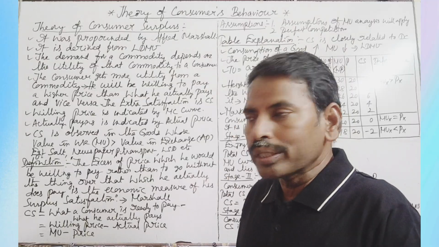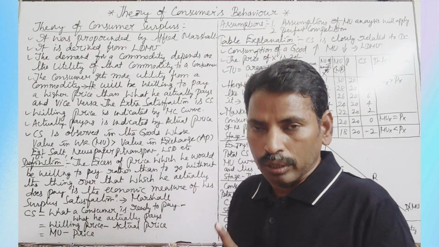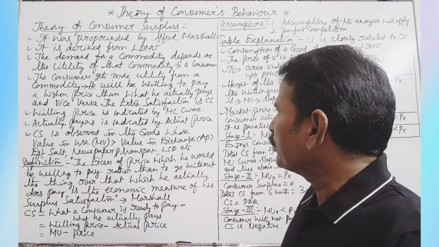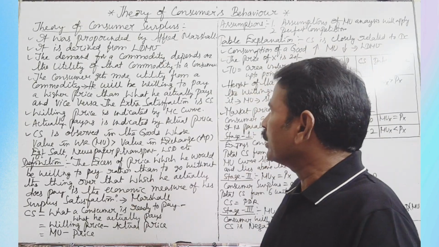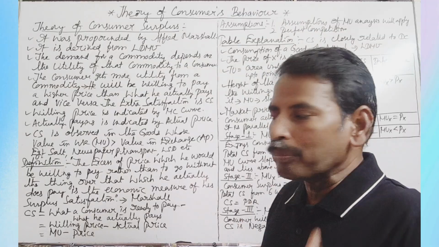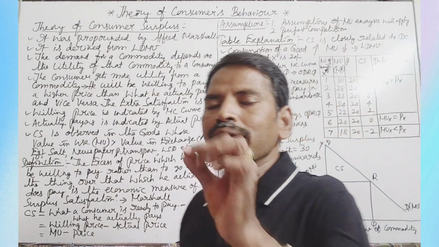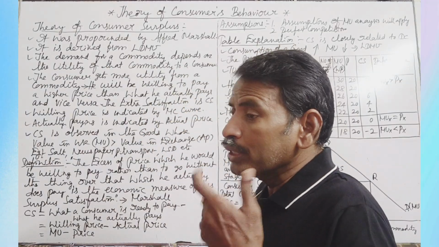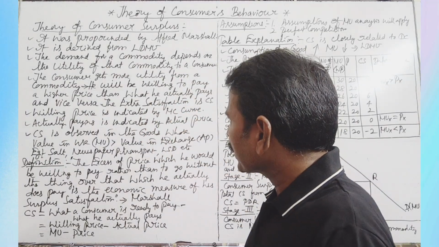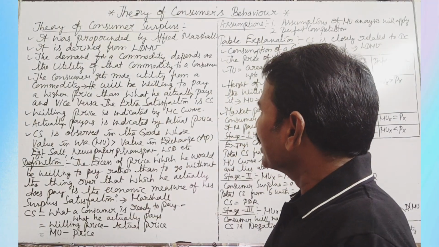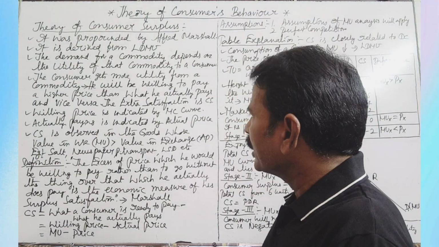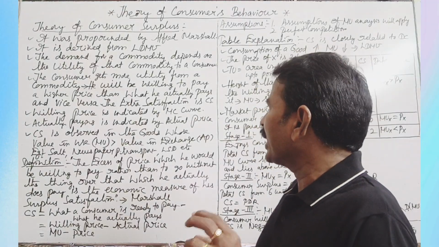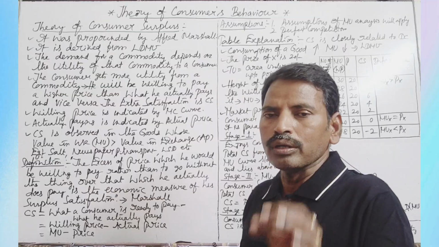And vice versa. That means if the consumer gets less utility from a commodity, he will be willing to pay a lower price than what he actually pays. That is called vice versa.